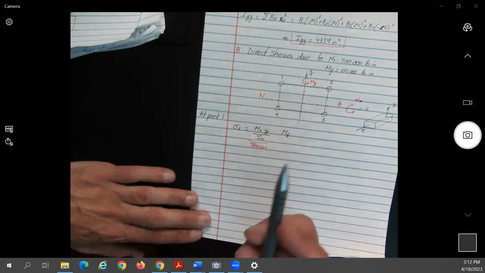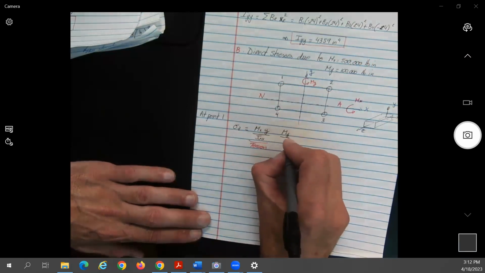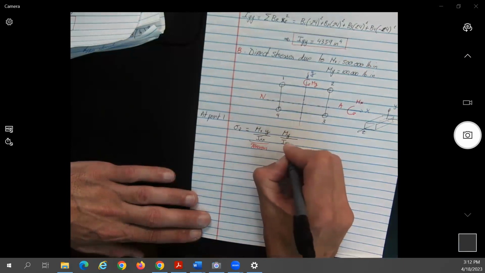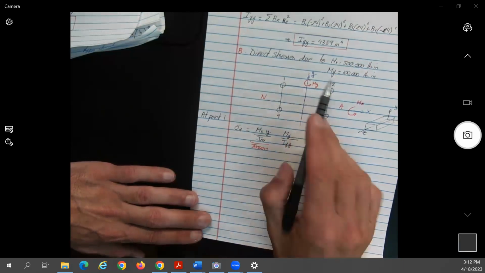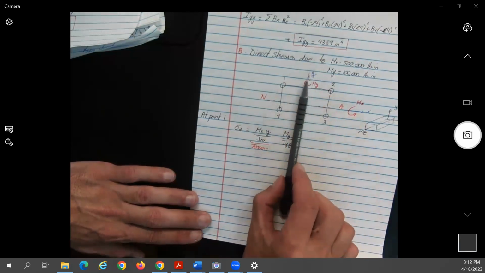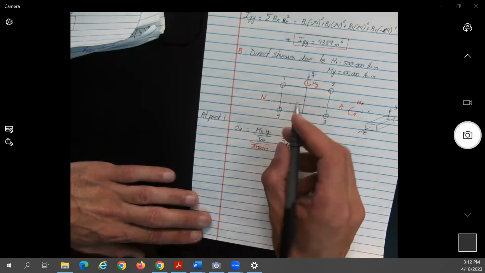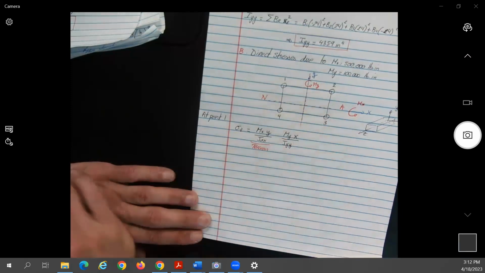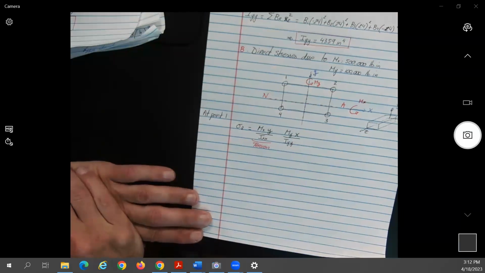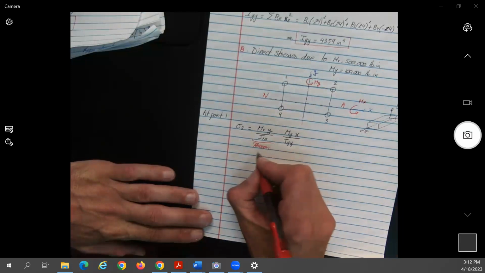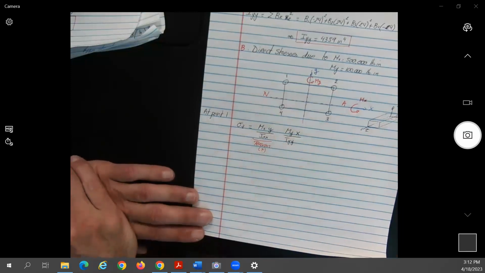Yeah. So that one will be what? Iyy. And this time about this axis, the location of points 1, 2, 3, 4 will be in what direction? X. So tension, positive. Okay, that's what we know.